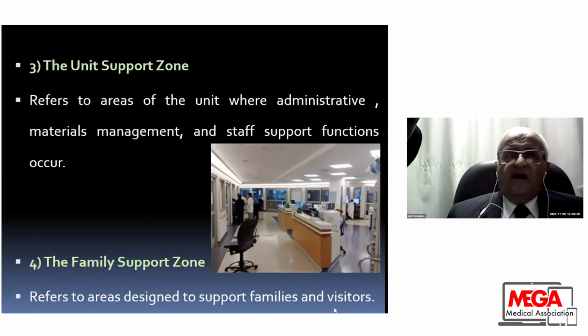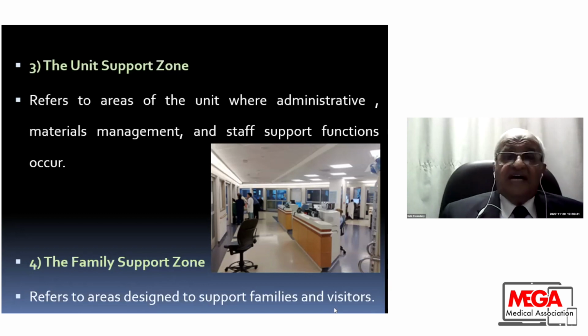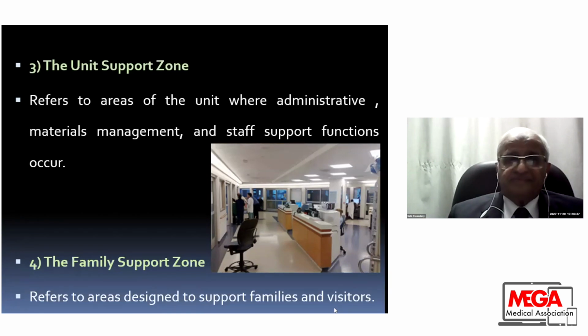Anyhow, as we said, the zones are 4: the patient support, the clinical support, and then we've got the administrative zone. What do we mean by administrative zone, or what's the target from the administrative zone? It's the place where doctors live.